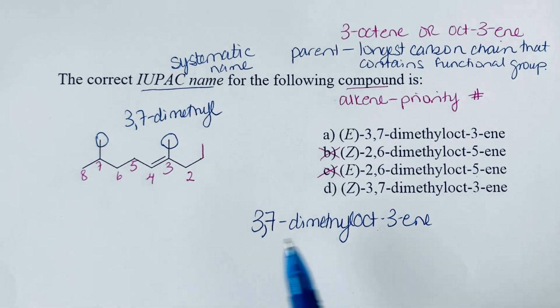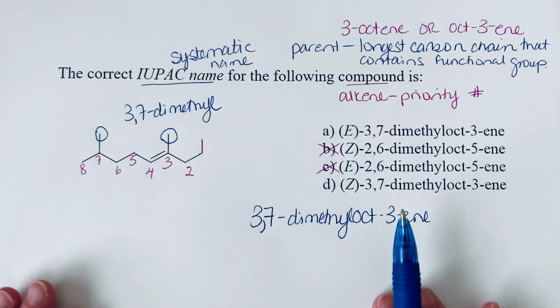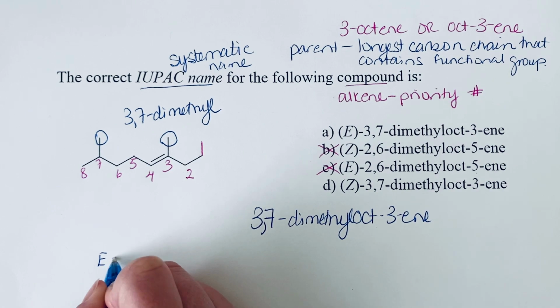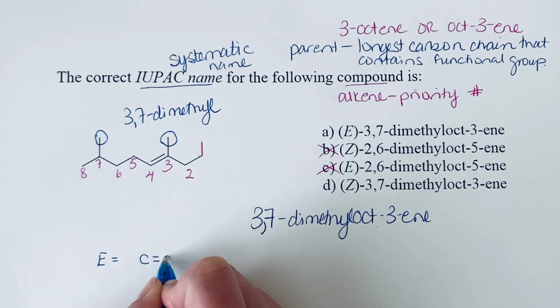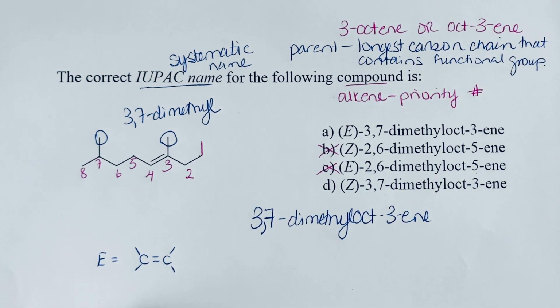And so that's not distinguishing A and D. That's because 3,7 dimethyl oct-3-ene has two stereoisomers, one that is E and one that is Z. So we need to take a look at this alkene and see if it is E or Z. So for E, once you assign your priority functional group, on each of the carbon atoms of the alkene, you will assign a priority 1 and a priority 2. And that priority is given based on atomic numbers.